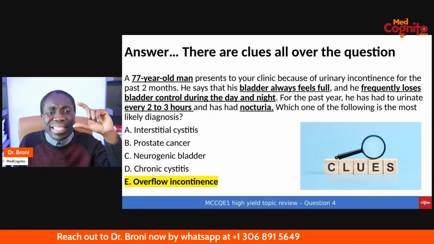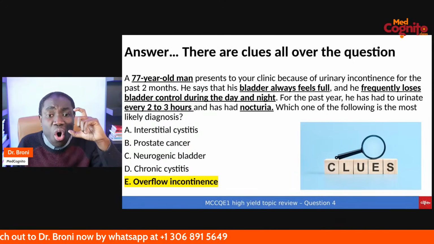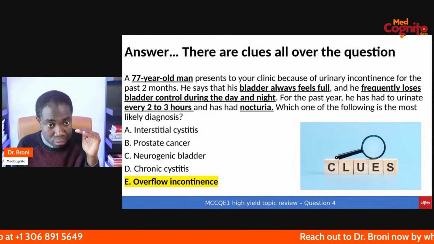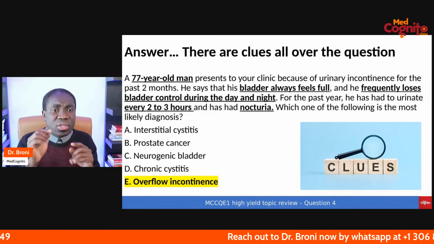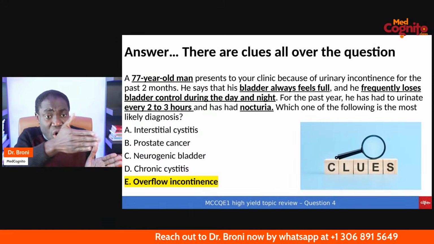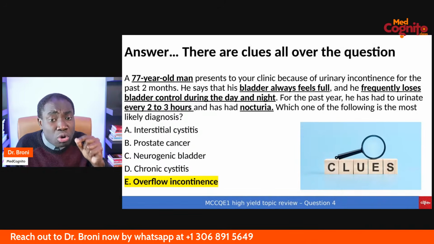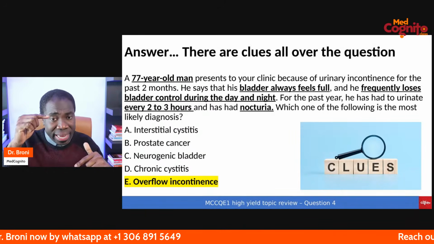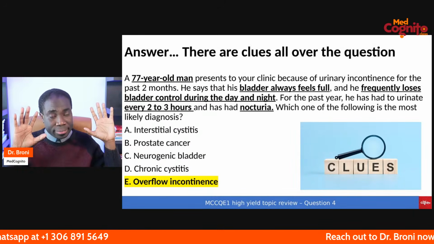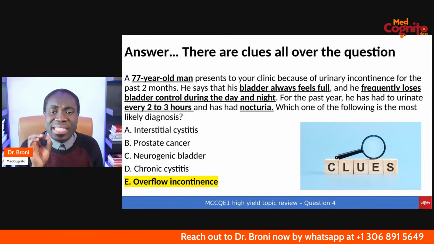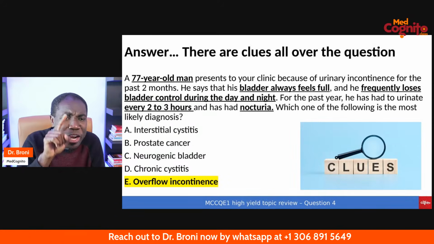Now, he says that his bladder always feels full. Okay, so it looks like this is something which is there all the time. And he frequently loses bladder control during the day and night. For the past year, he's had to urinate every 2 to 3 hours.